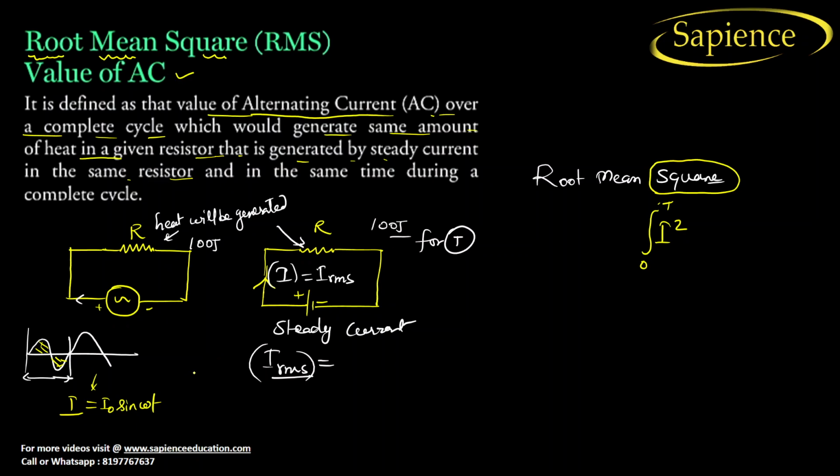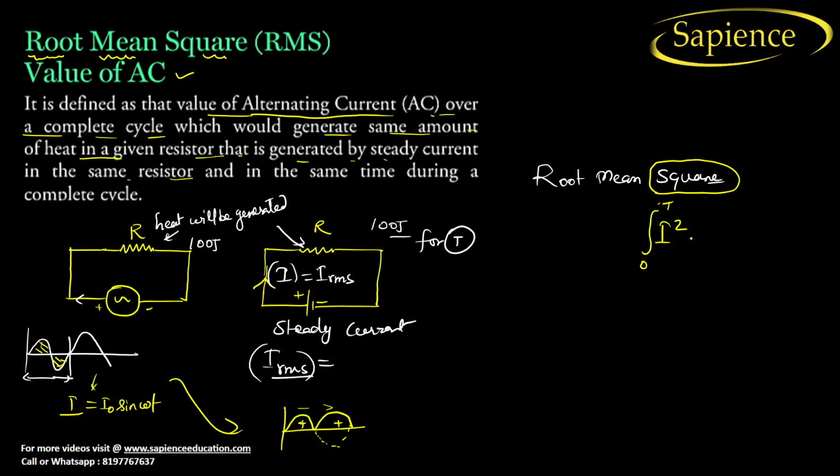Why are we taking T here? Because it is squared. In the earlier case we took only a half cycle, but here we are taking a full cycle, because when you square, the negative cycle also becomes positive. See, earlier this cycle was like this, but now it has become like this. So when you add it, it won't give a zero value, so we will get a perfect value.